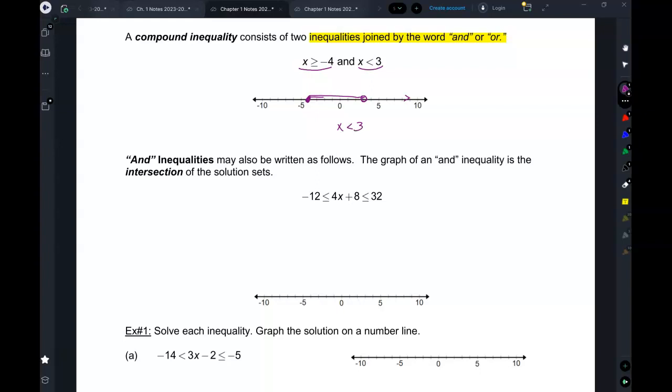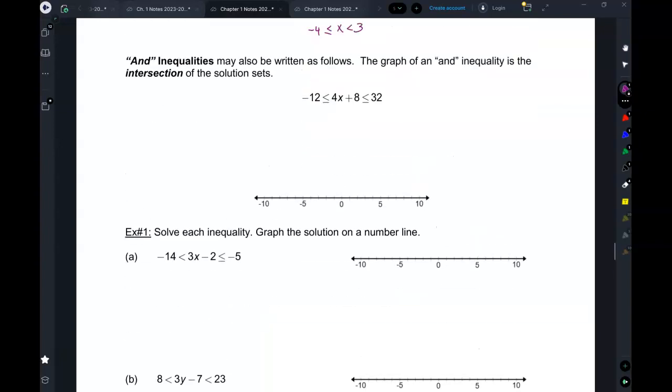Now, if you start reading it from the x and go this way, kind of like Hebrew, x is greater than or equal to -4. Do you see? That's a more concise way of writing the same thing. Because look at what this says. If you start reading from the x, x is greater than or equal to -4, x is less than 3, right? So that's a concise way to write an AND inequality.